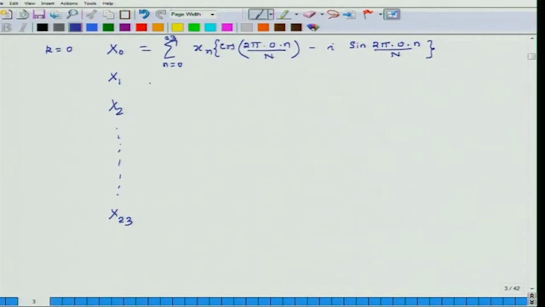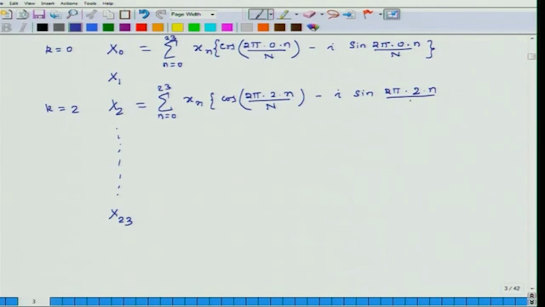Here, let us do k is equal to 2. That will give us the value of X2, and that will be equal to the summation n equals 0 to 23 of xn cosine of 2 pi times 2 times n over capital N, minus i sine 2 pi times 2 times n over capital N. So I can calculate all the values of X0, X1, X2 and so on and so forth, and I will just write down one more number.